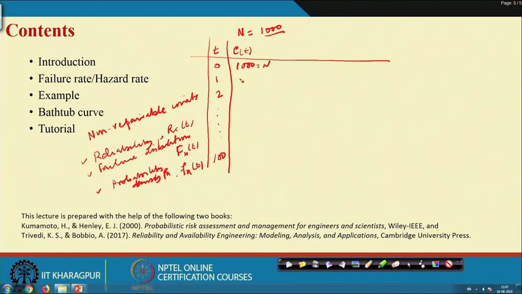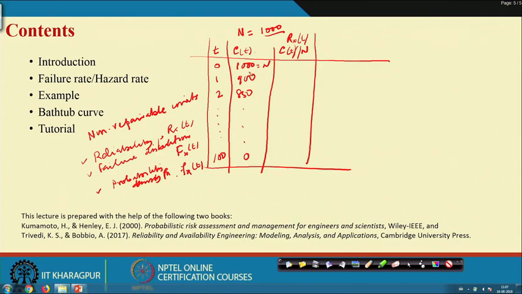In the next interval it is 900, then 850, and like this at the 100th time it is 0. Then the number of units survived, C(t) by n, is your reliability R(t). It will start with 1000 by 1000, that is 1, then maybe 0.90, 0.85, and finally it will be 0.